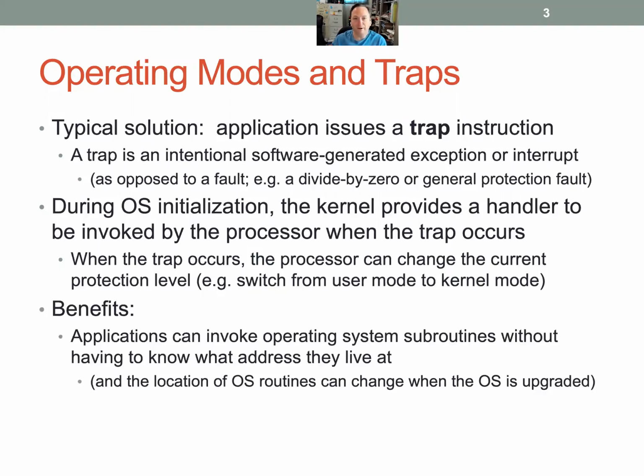So a benefit, think about this as a level of indirection. If I can just invoke a trap instruction and somehow tell the operating system, this is what I want to have done, then I have insulated my application from OS changes and OS updates. Because invariably, when you change the functionality of an operating system, you install the next point release of the OS or whatever, these specific addresses of operations will change inside the kernel.